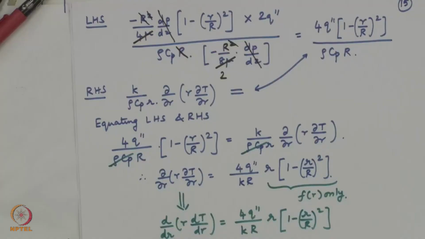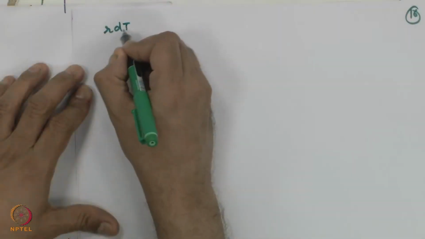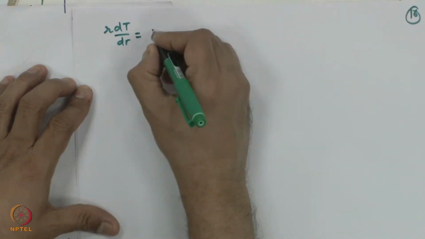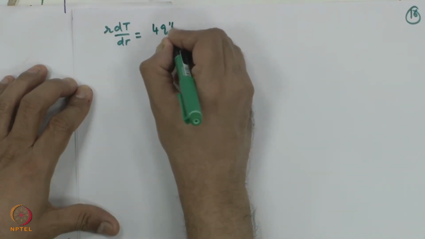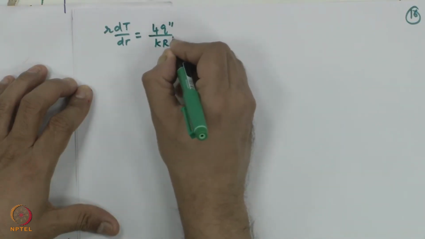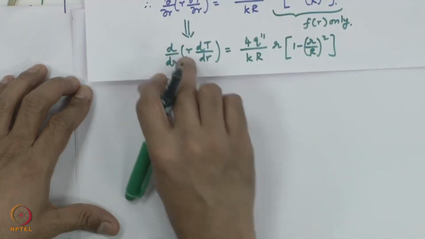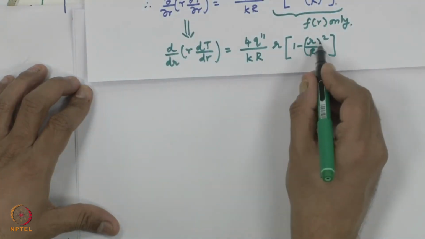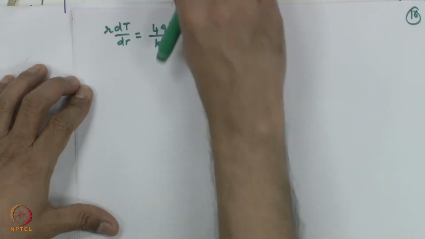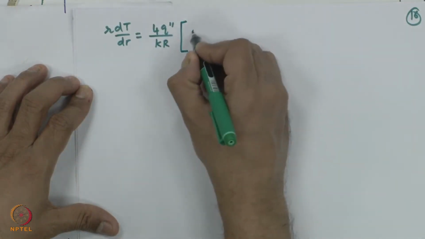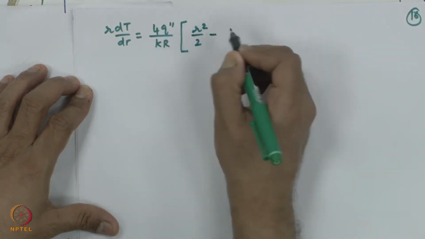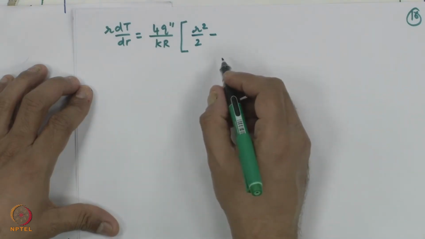So, first integration, I am going to integrate this. First integration gives me r dT/dr is equal to 4 q double prime by k capital R times the integral of this quantity, r minus r cube by capital R squared. R integral is r squared by 2 minus r cubed.